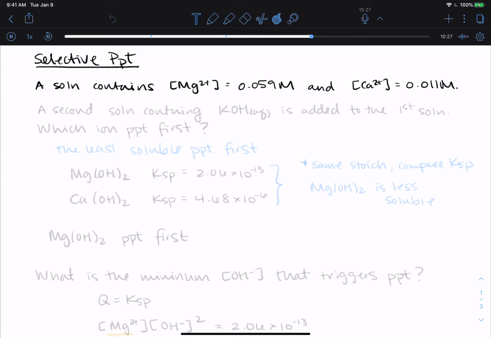And to this solution, this is solution 1, and it's just some container, it has these 2 ions, they were presumably paired with maybe a chloride, something that would let them go into solution initially. And now I have another container with potassium hydroxide, and I'm going to add it to this first solution. So a second solution containing KOH aqueous is added to the first.